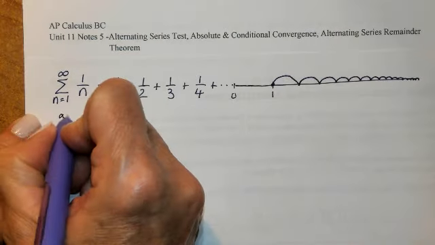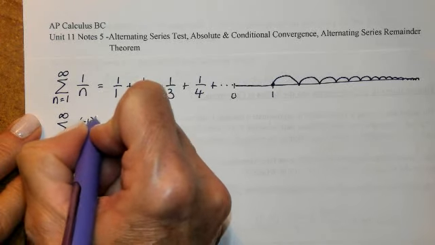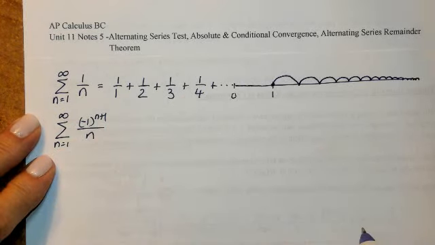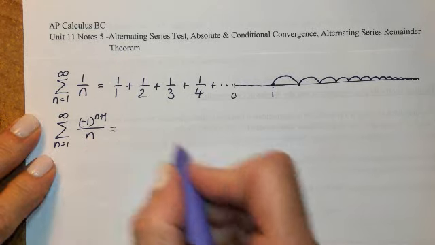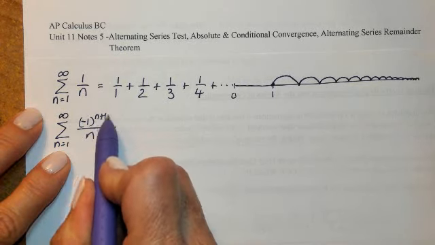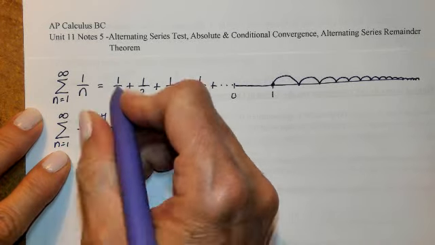Now, let's take a look at this series. What's the first term in this series? Well, when n is 1, we'll have negative 1 squared, which is 1 over 1. So 1 over 1 again. We're back to 1.